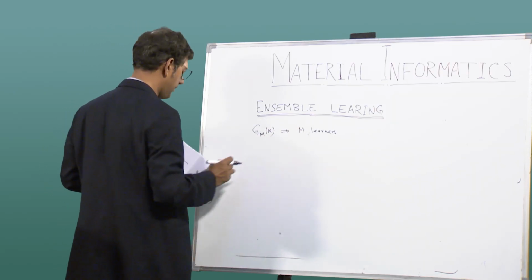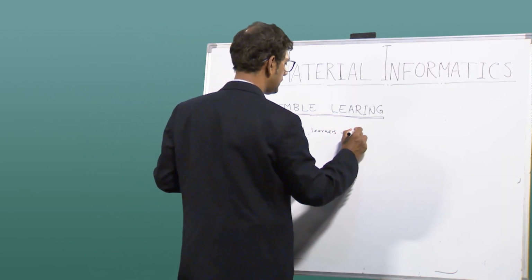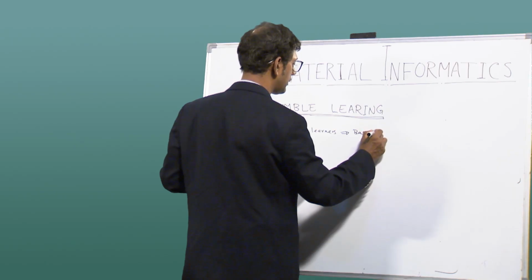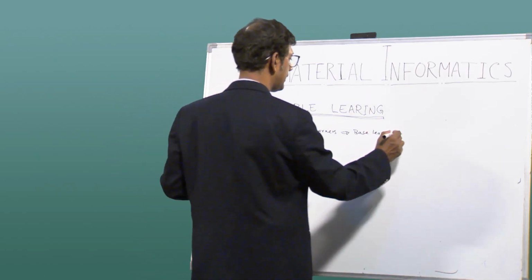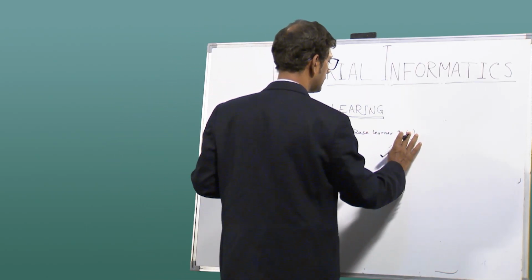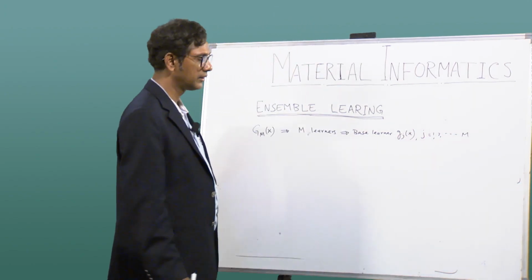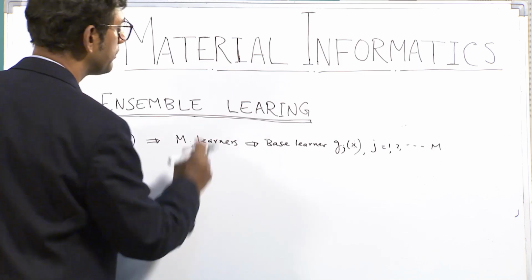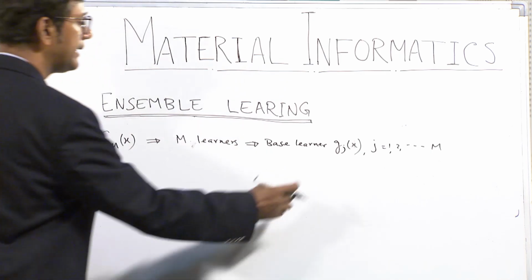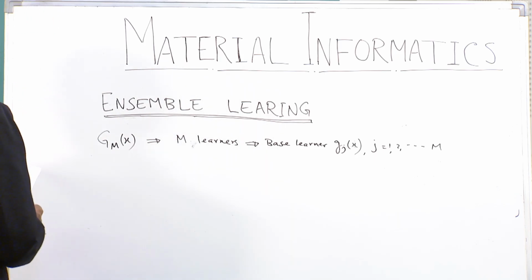G_M(x) means it has M learners, correct, and each of these M learners is a base learner, and we can write it as small g_j(x), where j goes from 1 to M. We can easily write it like this: this is your ensemble learner, consisting of M base learners, correct, and each base learner can be written as g_j(x).